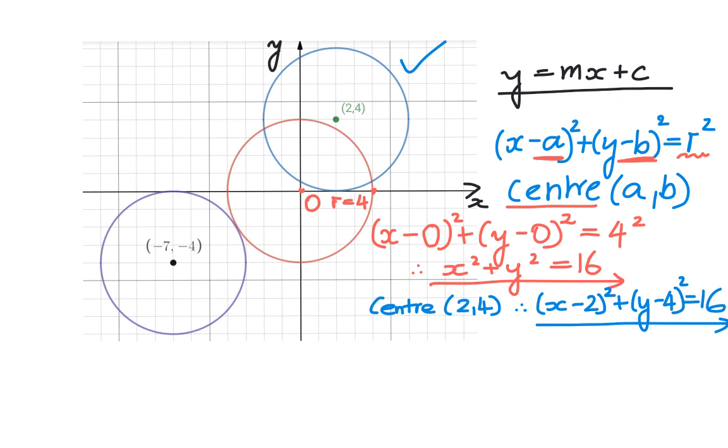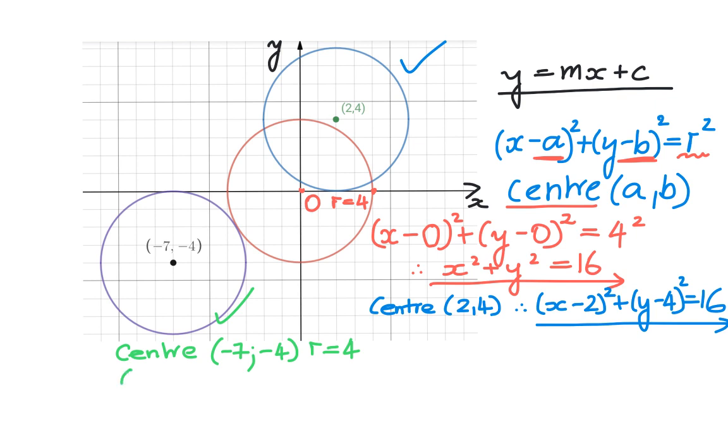Right, and the last circle that we have is our purple circle. With the purple circle, what will be its equation? The center of the purple circle has coordinates (-7, -4), and the radius of 4 units, like the other two.